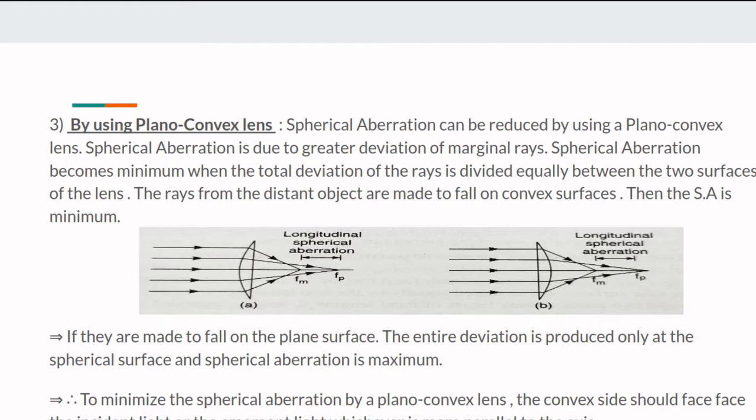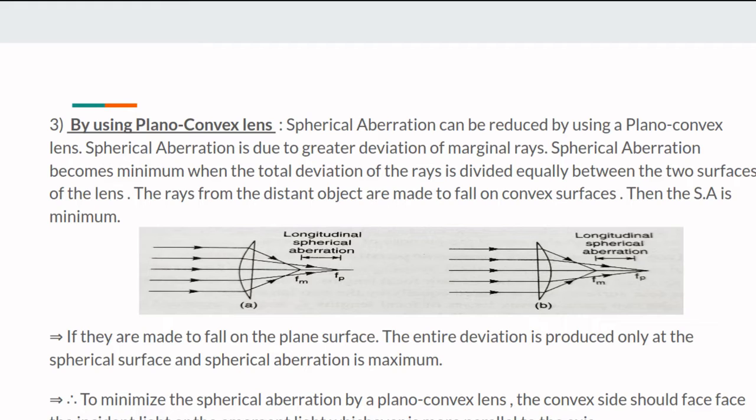A plano-convex lens is a lens having one surface convex and the other surface plane. By using these lenses also we can eliminate spherical aberration.